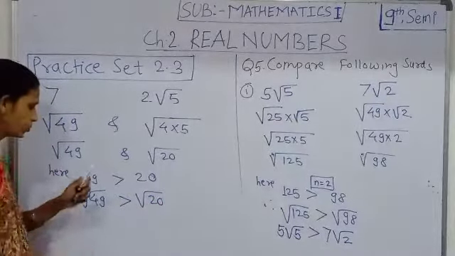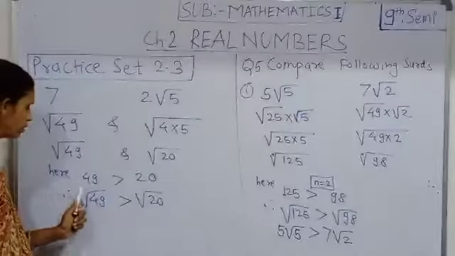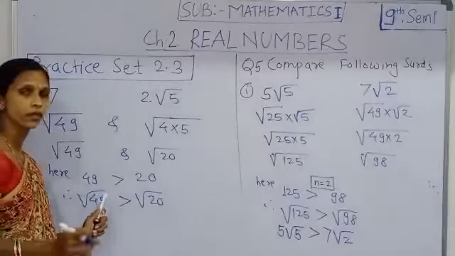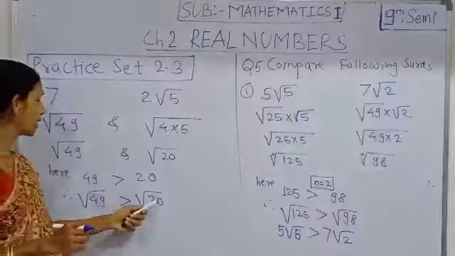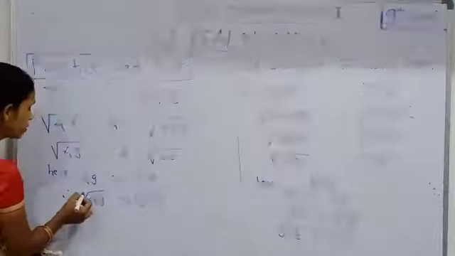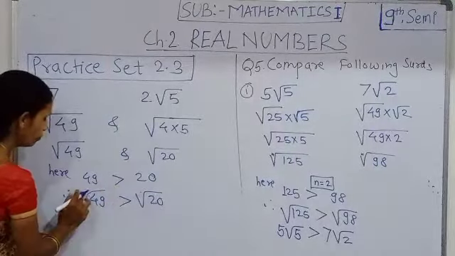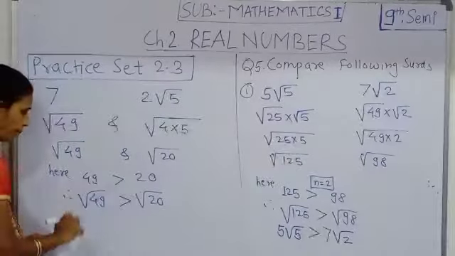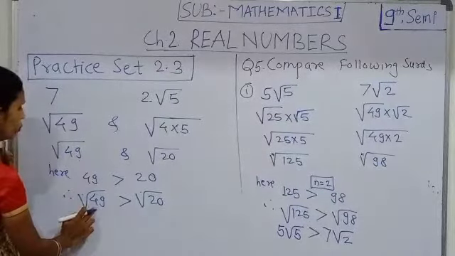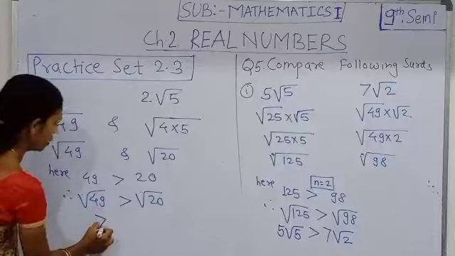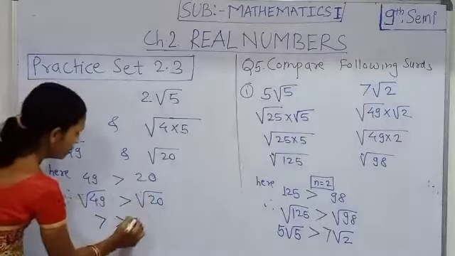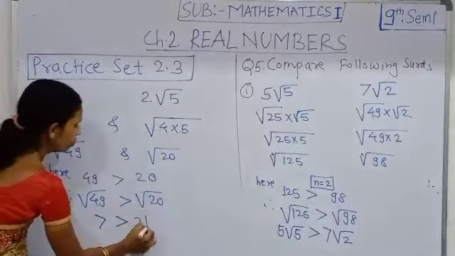Then we have to take one more precaution when comparison takes place between surds. That is, the order of both surds should be the same. Then root 49, that is 7, is greater than root 20, that is 2 root 5.